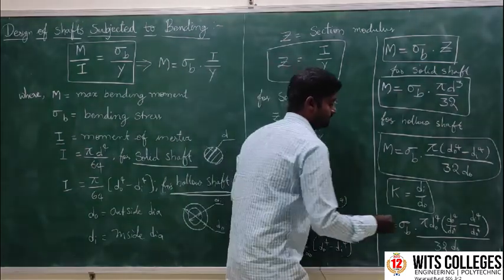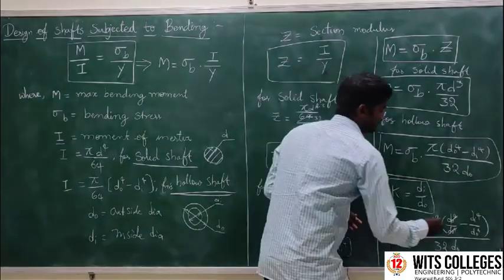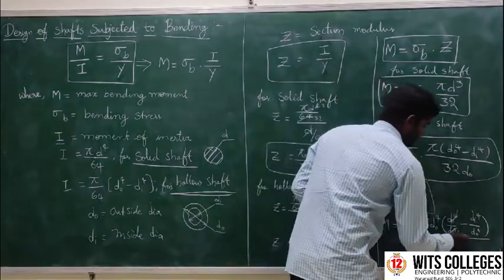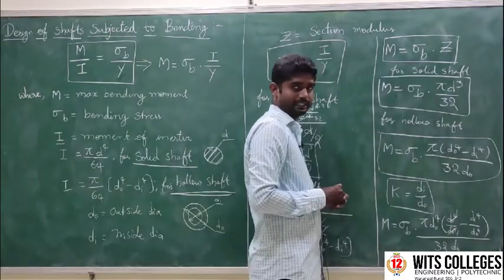In this equation d naught power of 4 cancels, leaving d naught cube, and di by d naught is equal to the K constant.